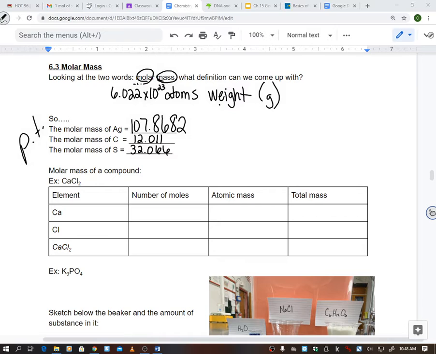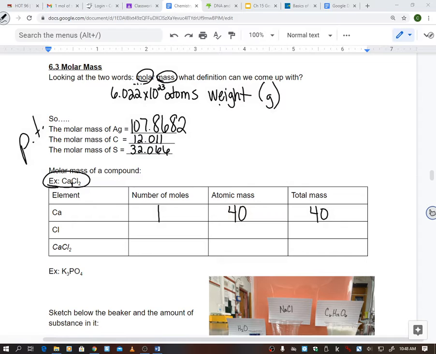So let's look here. Molar mass of a compound. I have calcium, and if I'm using this example, CaCl2. The number of moles of calcium in CaCl2 is 1 because there's only 1 calcium here. The atomic mass for calcium, now I'm going to round because remember those numbers on the periodic table are an approximation anyway, so the total mass is 40.